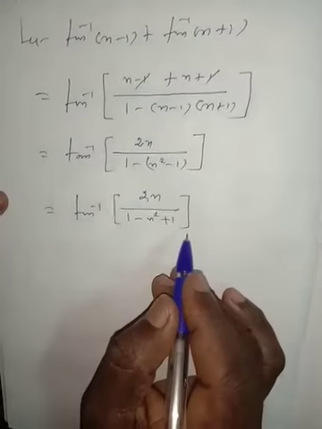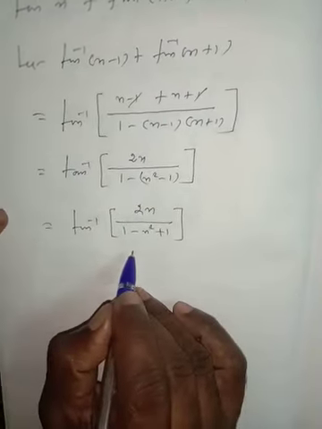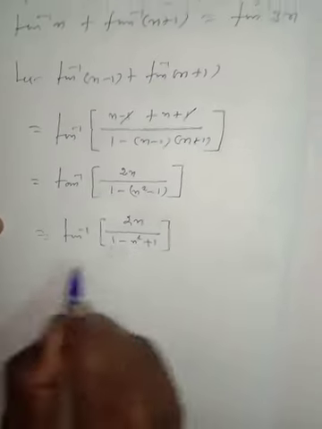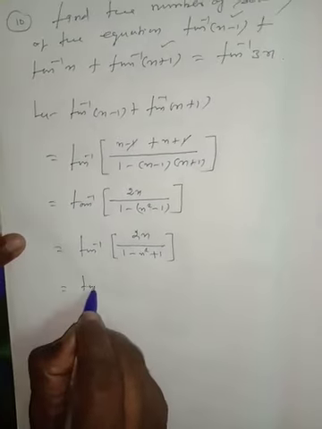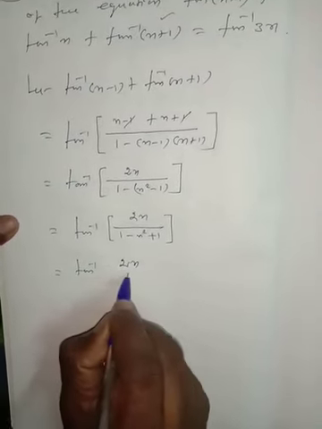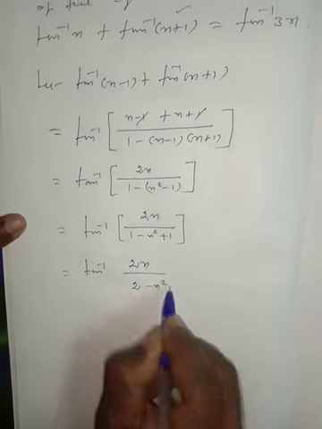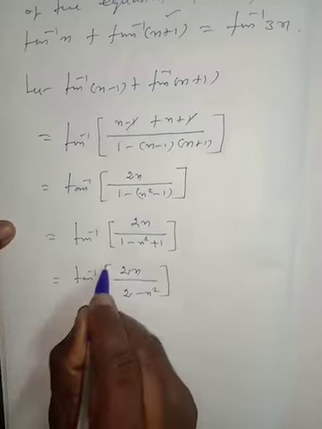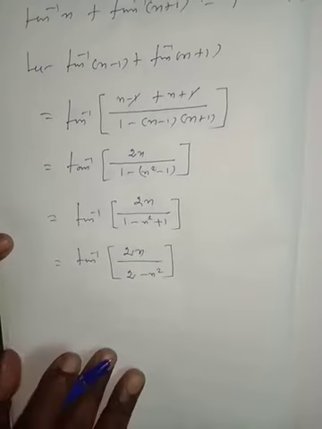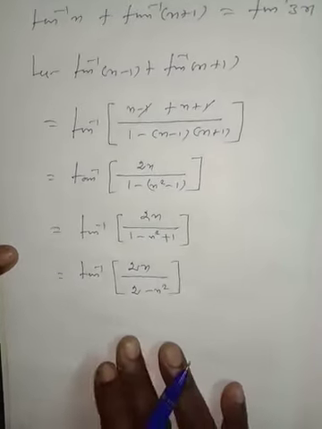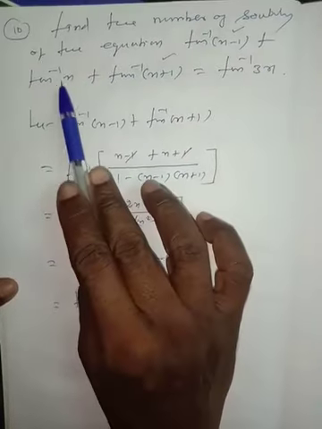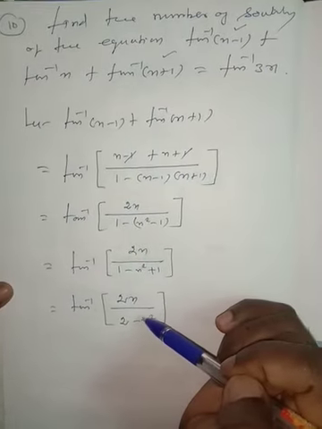Therefore, we get 1 plus 1 is 2. Tan inverse of 2x divided by 2 minus x square. Now we take the first and third term, and we get this result.